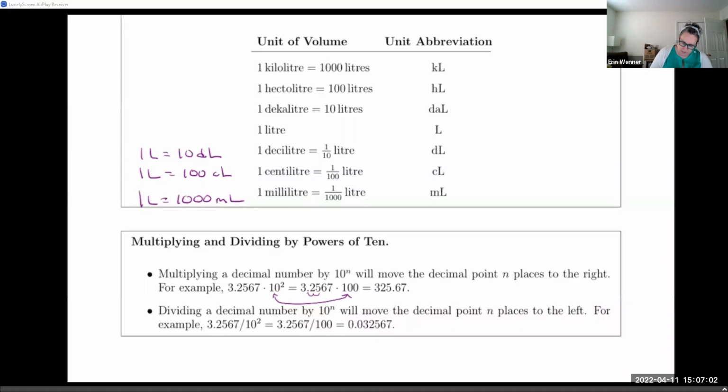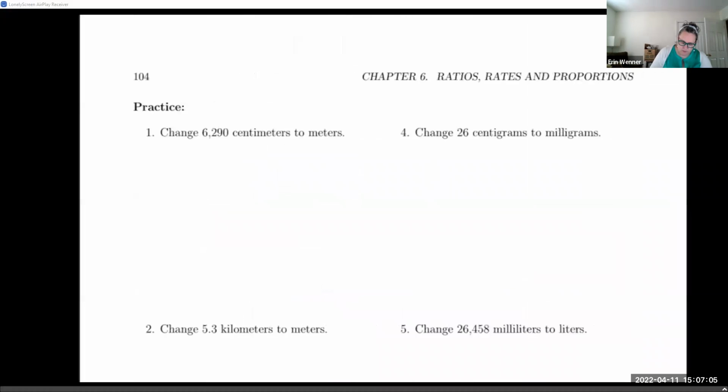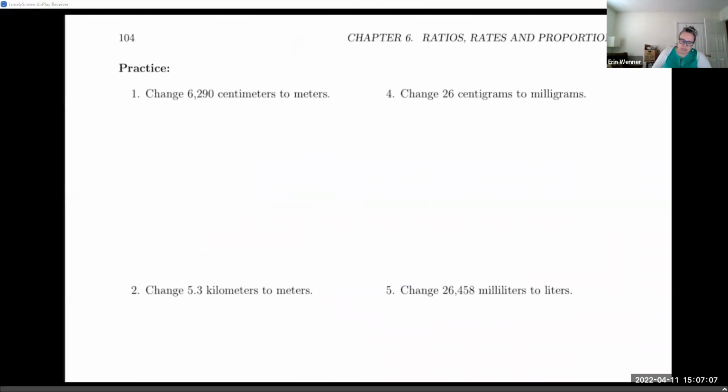So thinking about the relationships that we have, we want to change 6,290 centimeters to meters. Now remember, for our units of measure, we know that 1 meter is equal to 100 centimeters. And again, what if you forget that? Where can you find it?